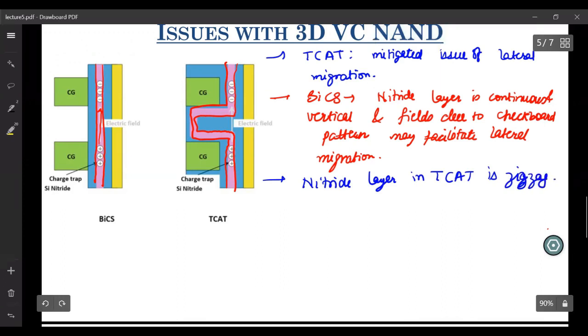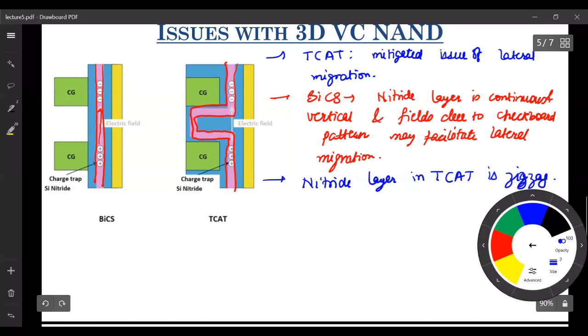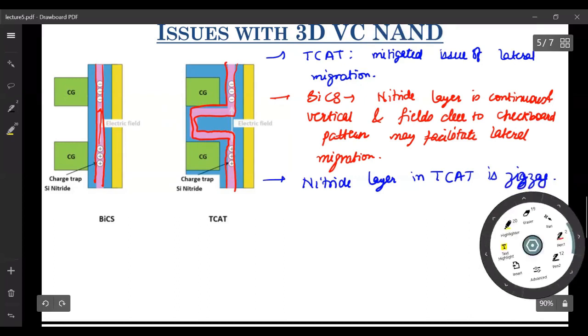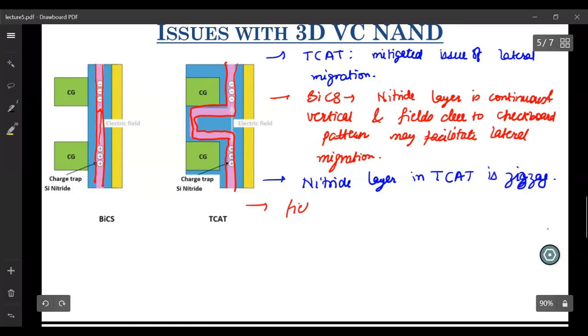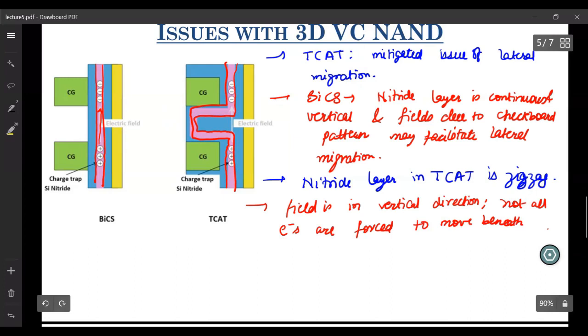and just because it's zigzag, even though the field is in the vertical direction, because of this zigzag shape, not all electrons are forced to move beneath the neighboring cell, right?